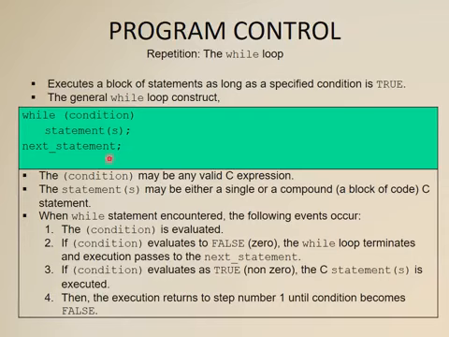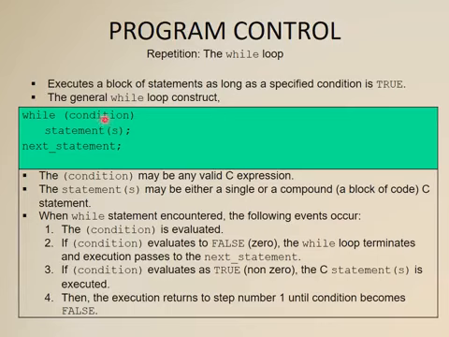How are the events evaluated? First, the condition will be evaluated. If the condition is false, it will move directly to the next statement. But if the condition is true, the statement or block of statements will be executed, and this will repeat as long as the condition is true.